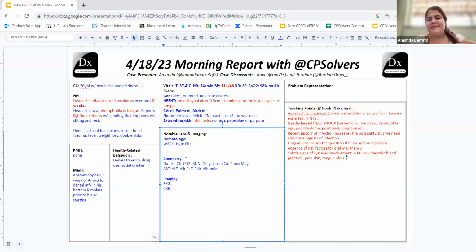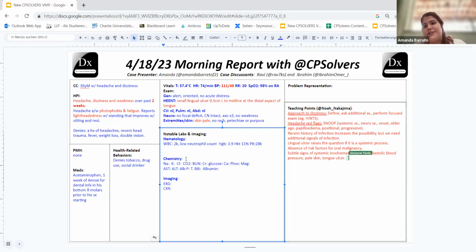Incredible. So the WBC 2K, low neutrophil count, hemoglobin 3.9, hematocrit 11%, platelets 28.